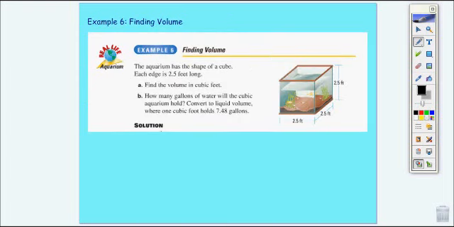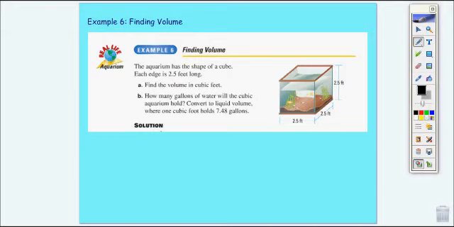So using what we just did in the table there, we're going to find the volume of a cube, which happens to be an aquarium. So the aquarium has the shape of a cube, and each edge is 2.5 feet long. You can see how they've shown you that in the diagram. So find the volume in cubic feet.